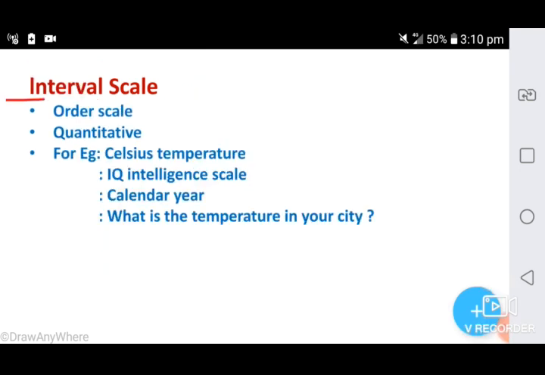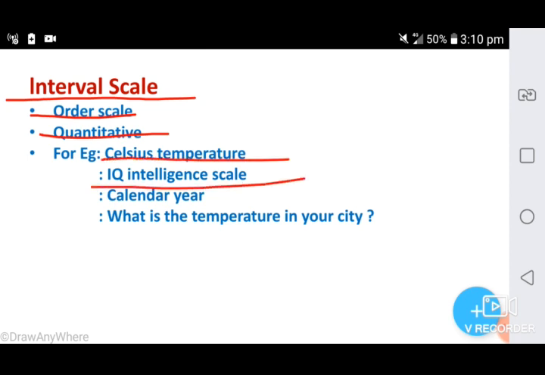Next one, interval scale. Interval scale is an ordered scale where there is an order and the difference between two values is meaningful. It is quantitative in nature. Some examples of variables that use interval scale would be Celsius temperature, IQ intelligence scale, then also calendar year and time are included in the measurement of interval scale.